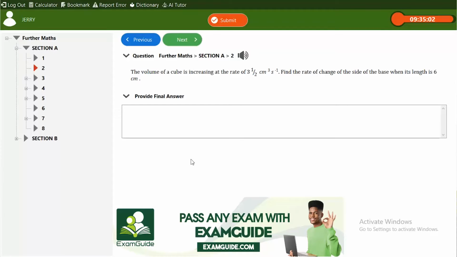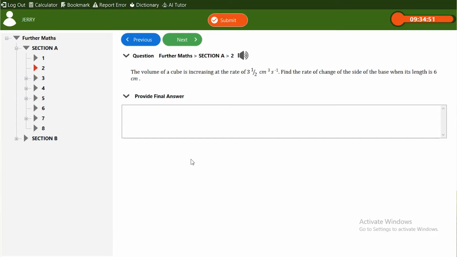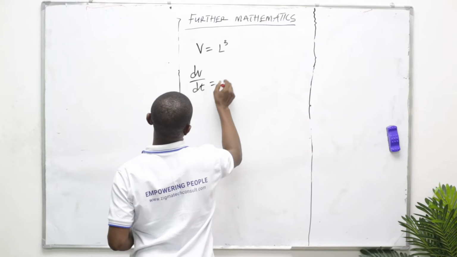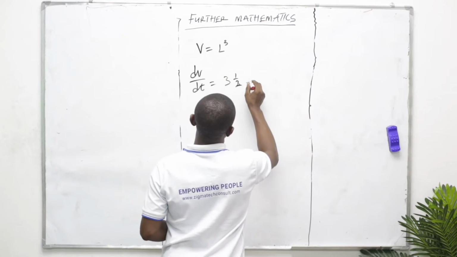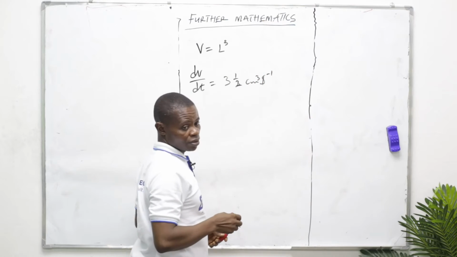Good. You heard about cube. What is volume of cube? V equals L cube. Now the volume is increasing at the rate of, that is dV dt equals 7/2 centimeter cube per seconds.